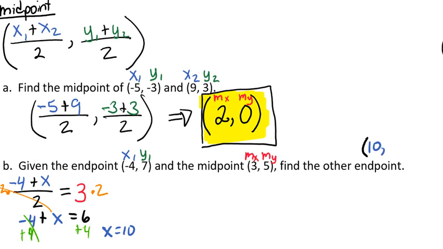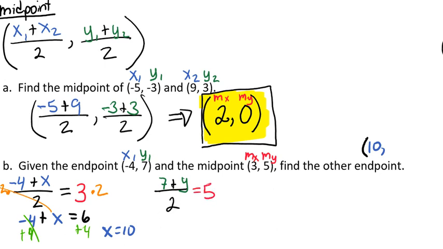To solve for our missing y value, we would set it up similarly. 7 plus, we don't know the other y value, divided by 2 should equal our midpoint y value, which in this case we know is 5. Then we'll solve for y.